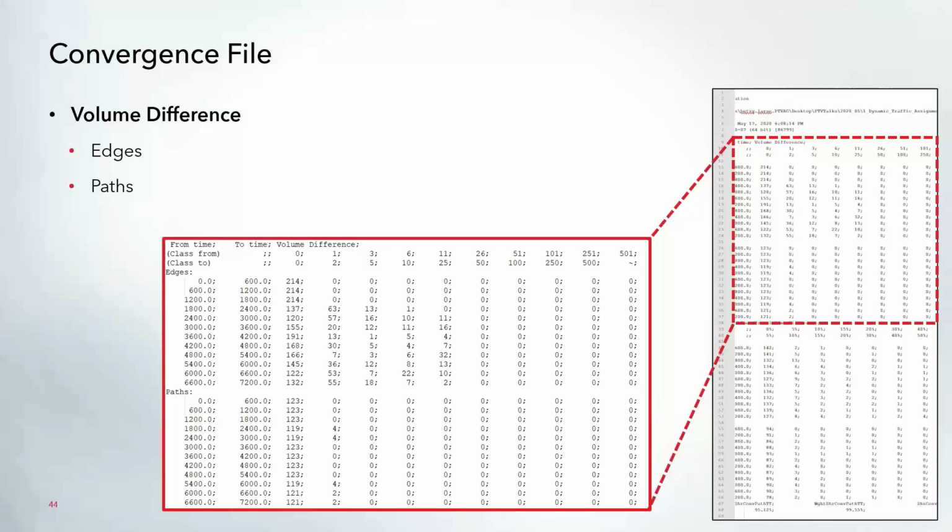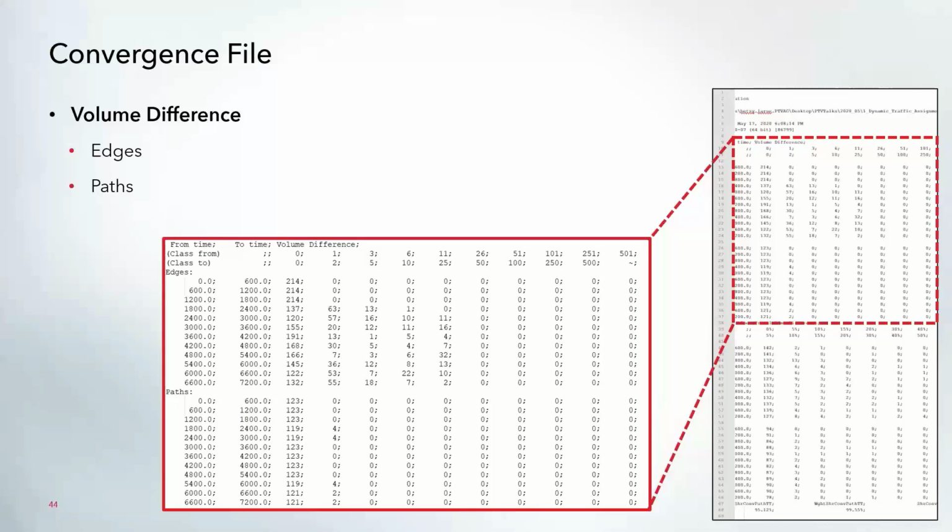And then from here, you can just take a quick glance and see how we're meeting those convergence criteria that we have set up. So these files are broken up into a few different sections. This section here at the top deals with the volume difference information for path and edges. So if you remember back within the convergence criteria settings within the dynamic assignment parameters, there's a couple of different options again for the volume difference.